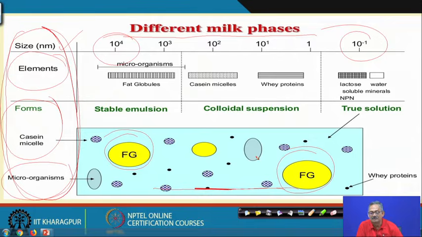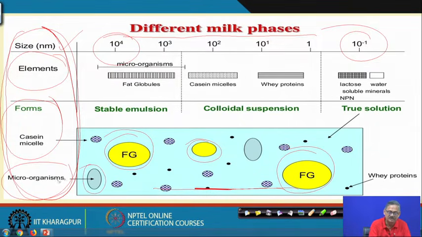It is around between 10 to 100 nanometer size, so that is around maybe 1 to 10 micron, right. Depending on the size, because fat globules are also shown in smaller size, this is a bigger size, this is an in-between size, though they are pictorial. So, it does not mean that this comes only 10. So, 10 to the power 4 nanometer means 10 micron, right. So, that is the fat globule size.